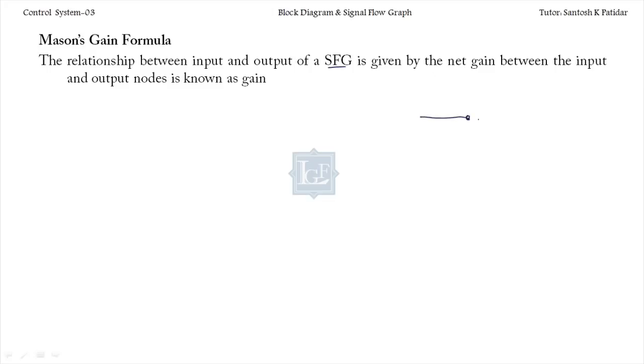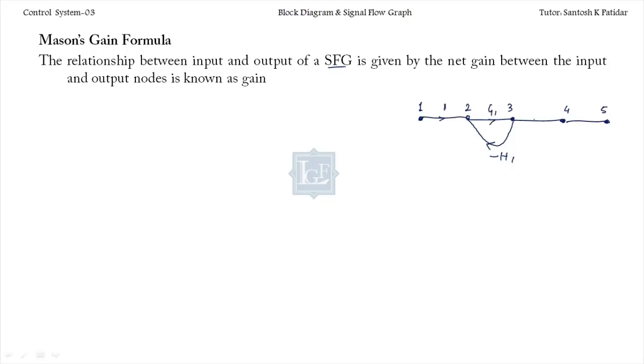Let me take one diagram over here for you. These are the nodes. You can number them 1, 2, 3, 4 and 5. Let's take this loop as minus h1. This is the transfer function of the system between 1 and 2.